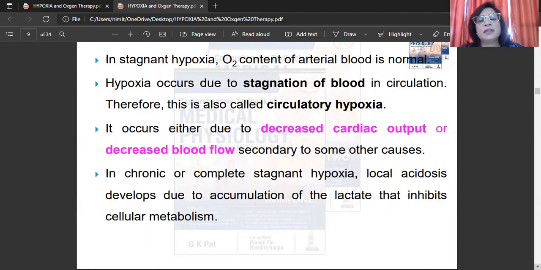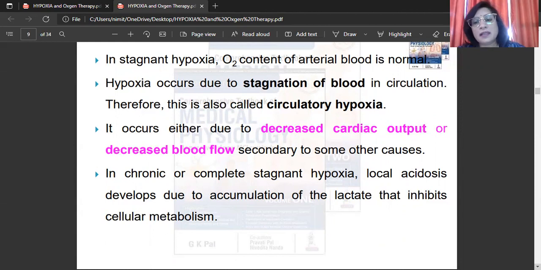These causes can be secondary to any causes. Stagnation of the blood in circulation occurs, therefore it is also known as circulatory hypoxia.